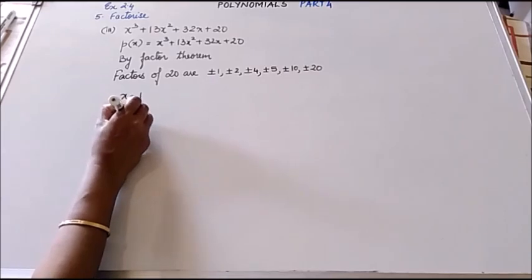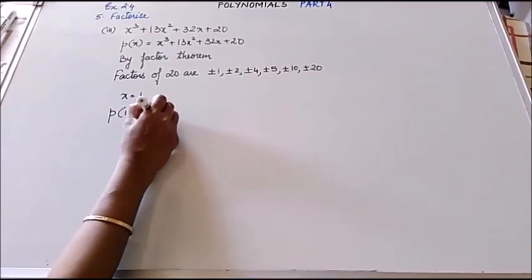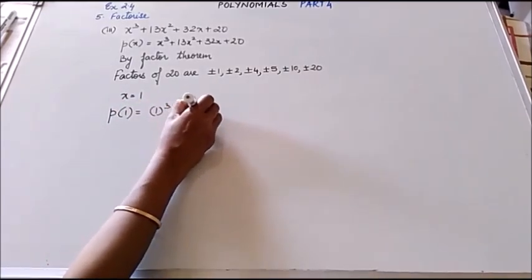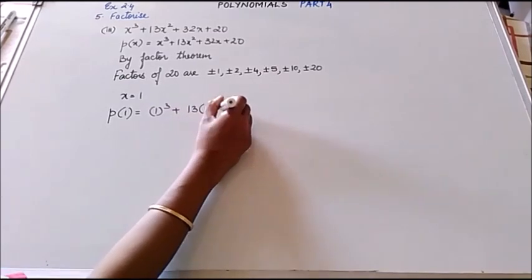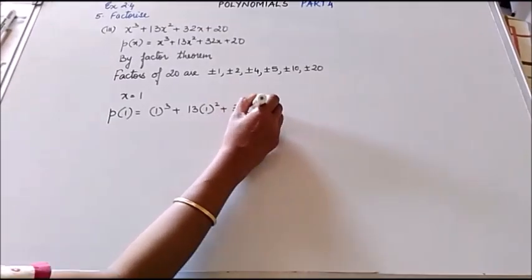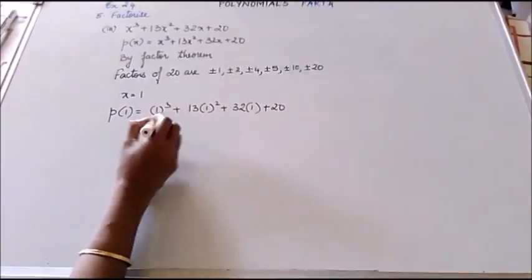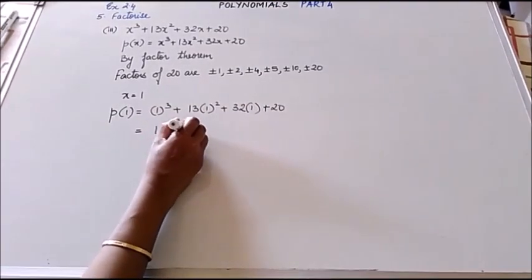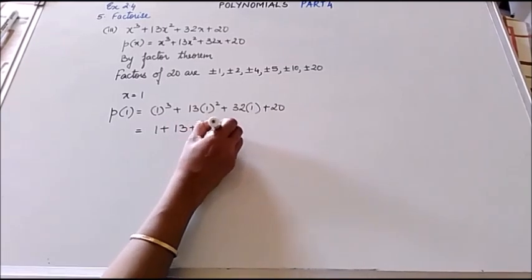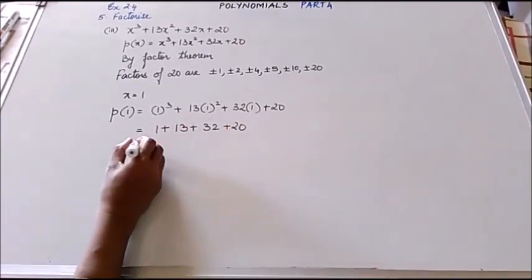What do you get here? P of 1 is equal to 1 plus 13 plus 32 plus 20.